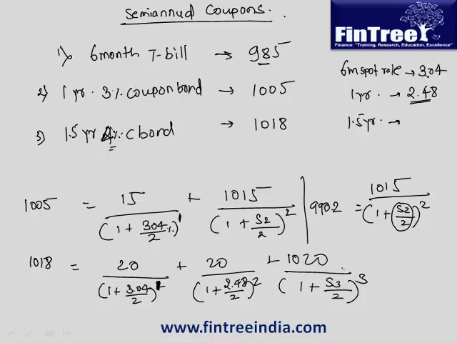Should we solve together? 20 divided by 1.0152 equal to STO1. Okay.